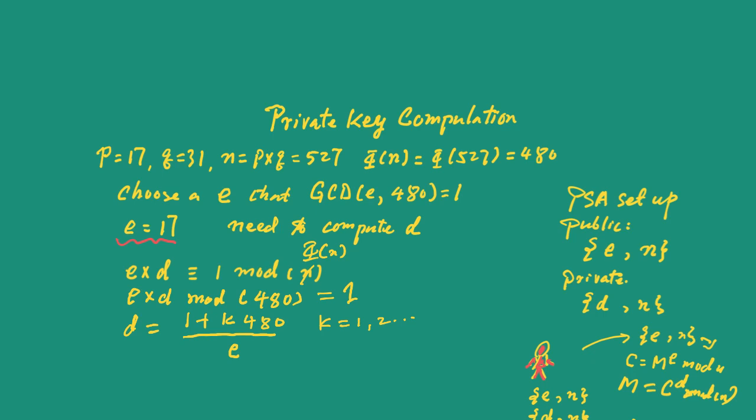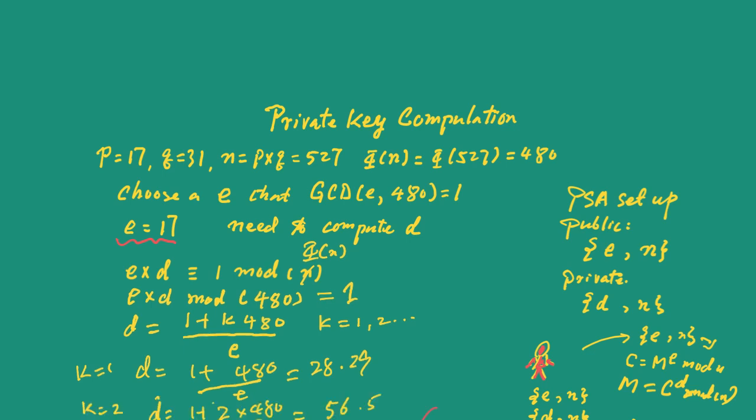So you just have to try different values of K. Let's see, K equals 1. Then D is 1 plus 480 divided by E, and you get 28.29, for example. No, D cannot be this, because it is not a whole number. Now you try K equals 2.